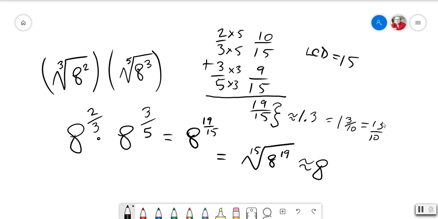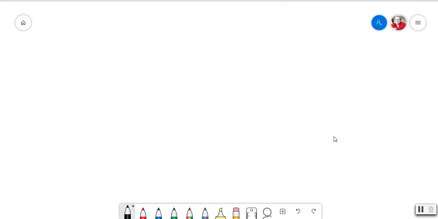That's pretty close to what it is. 1.3, 8 to the 1, of course, is going to be 8. 8 squared is 64. This is 8 to the 1.3. So it would be even closer to 1 there. It would be a little bit bigger than 8. But the actual computation, you'd have to do that with the calculator or by other methods. My main point is that it does make working these things easier.